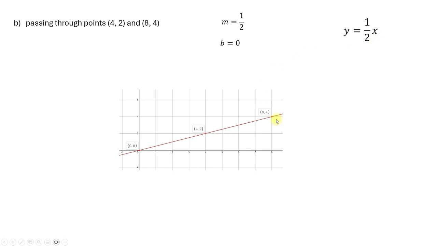Well, if b is 0, our y-intercept should be 0, and our graph does show that. And for every 2 units over, we go up 1. So we can see that our slope is indeed 1/2.